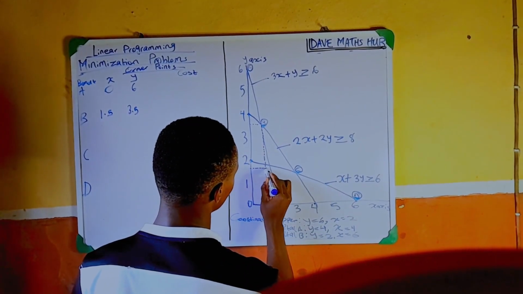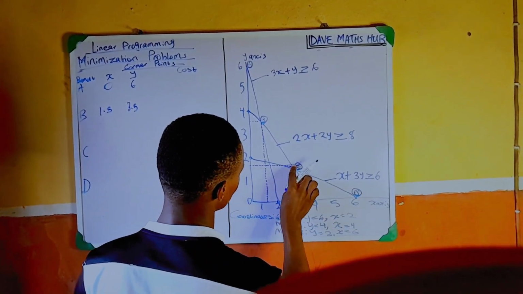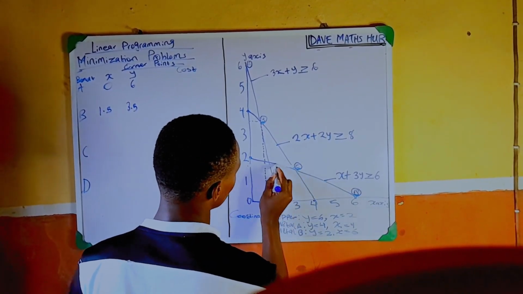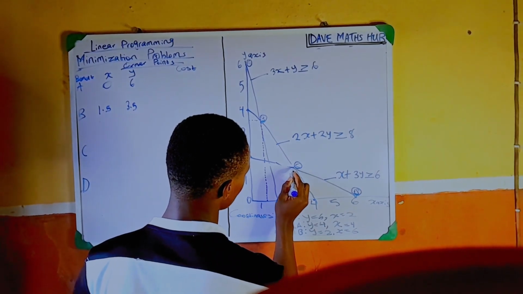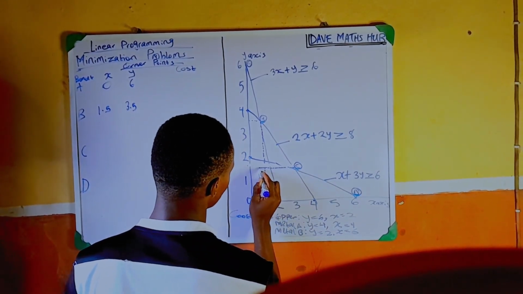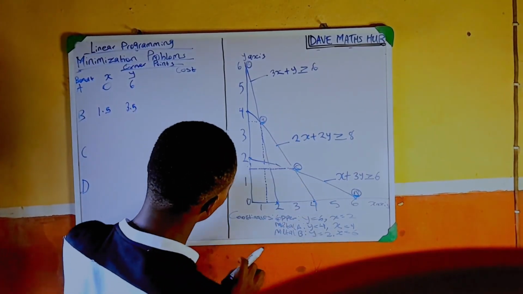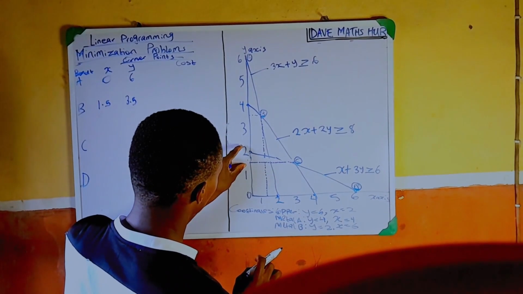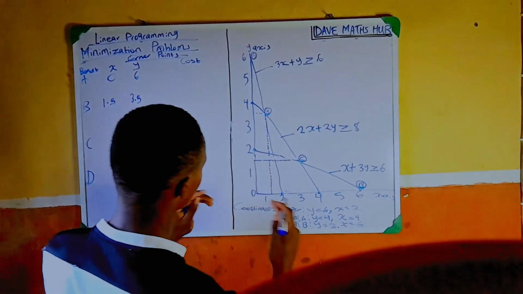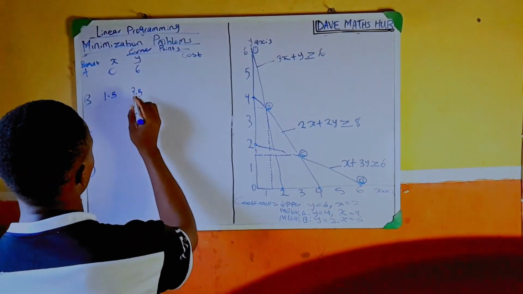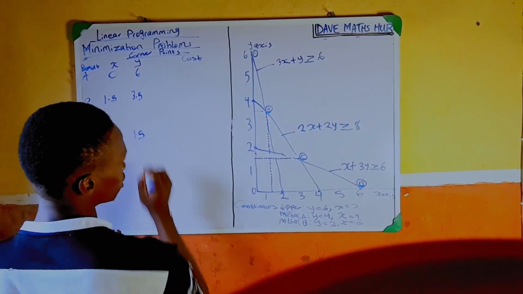For C, just as B, we'll trace it. Okay, not smooth enough. Let's do it again. Let's begin from here. So this is 1, this is 2. It's close to 2. Should we assume 1.5 to make everything easy to do? For y, 1.5.